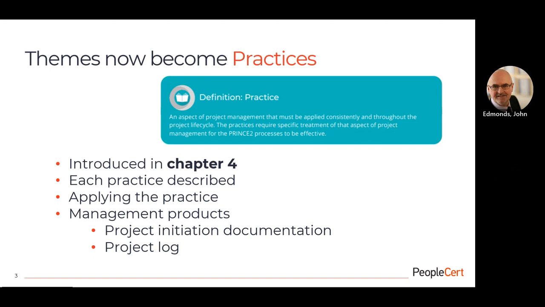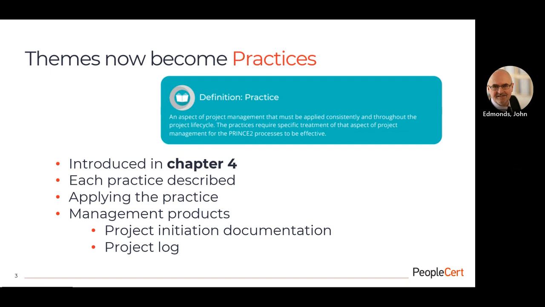It's an introductory chapter to the practices, and each practice is listed there and then briefly described in overall terms. There is then some guidance about how we might apply the practice and setting out the 2 major management products that apply throughout all of the practices.